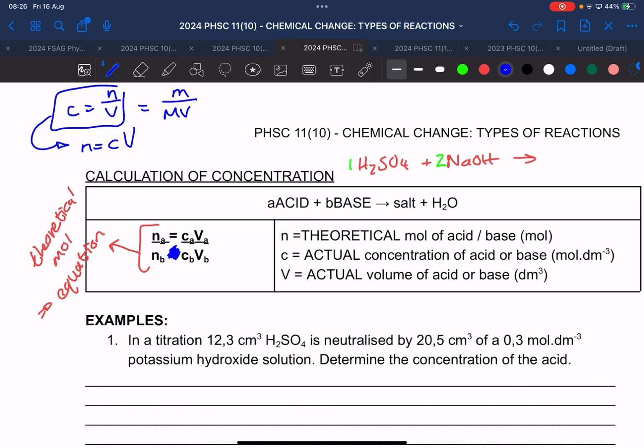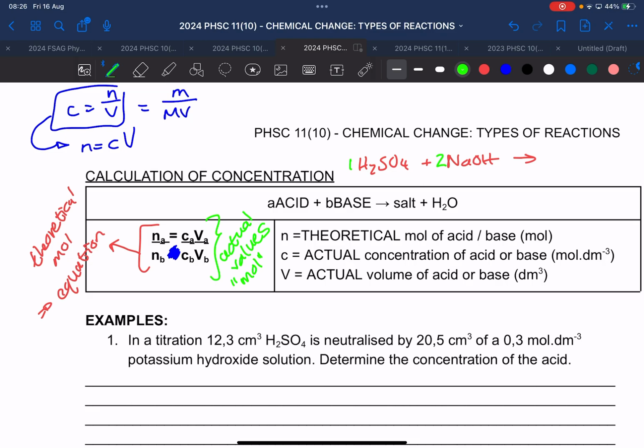So what I have on the right-hand side is your actual values that you've used, not in the balanced equation. So it's your actual mole, because concentration times volume is mole.